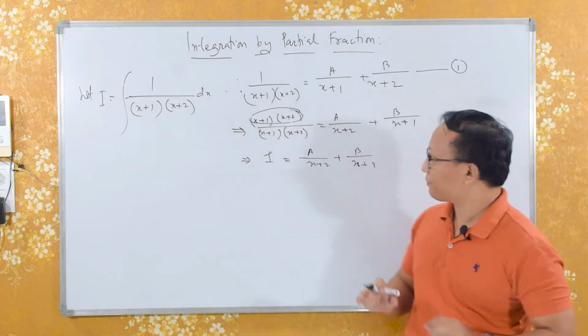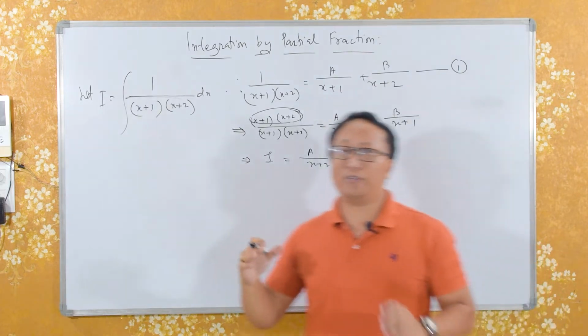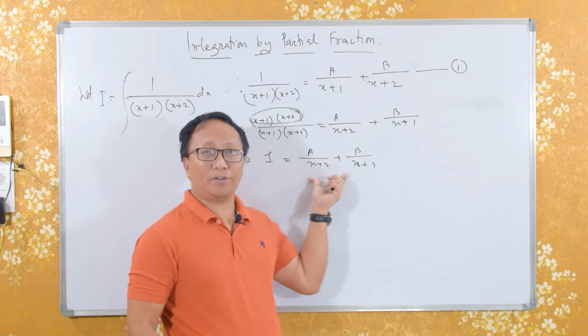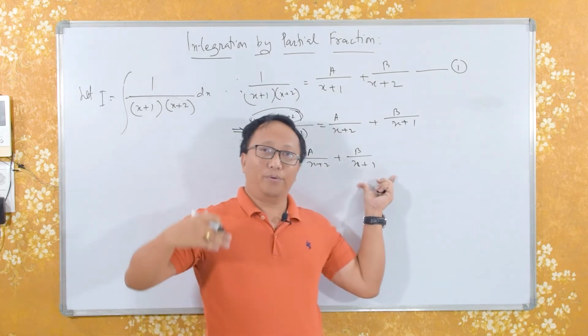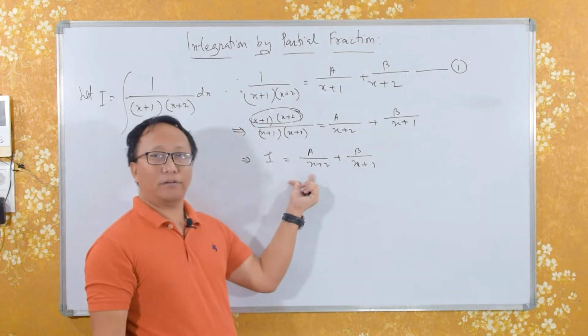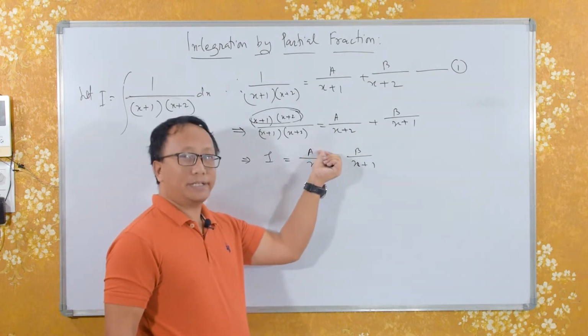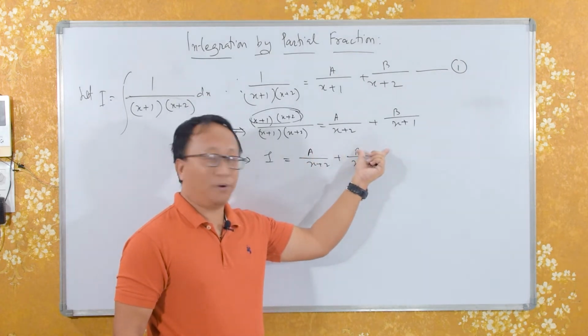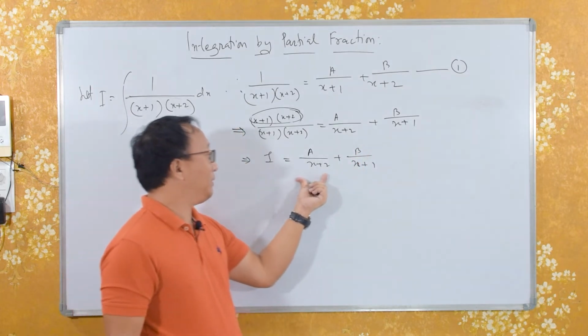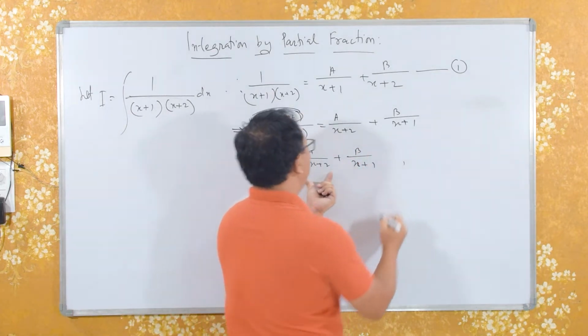Now our aim is to find these arbitrary constants A and B. We have to substitute values of x where we can get the constants A and B. So let's think about what to put in this equation.